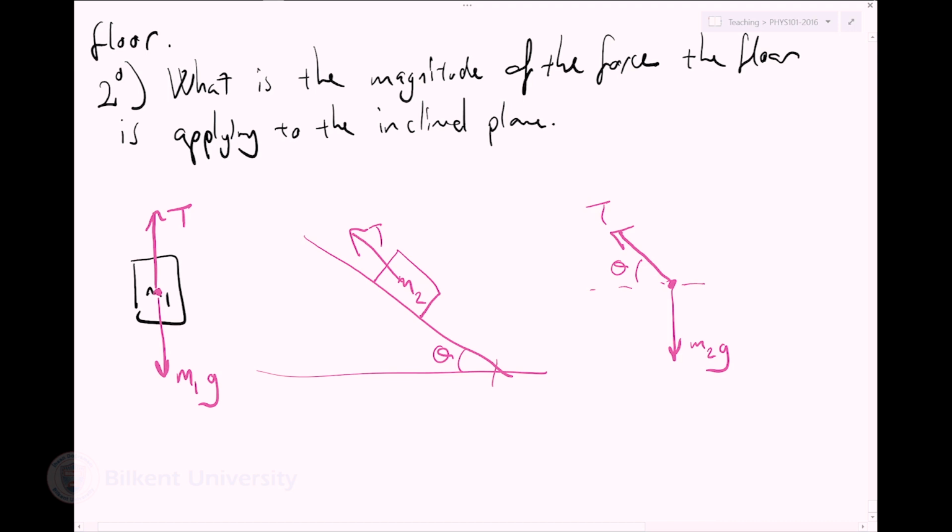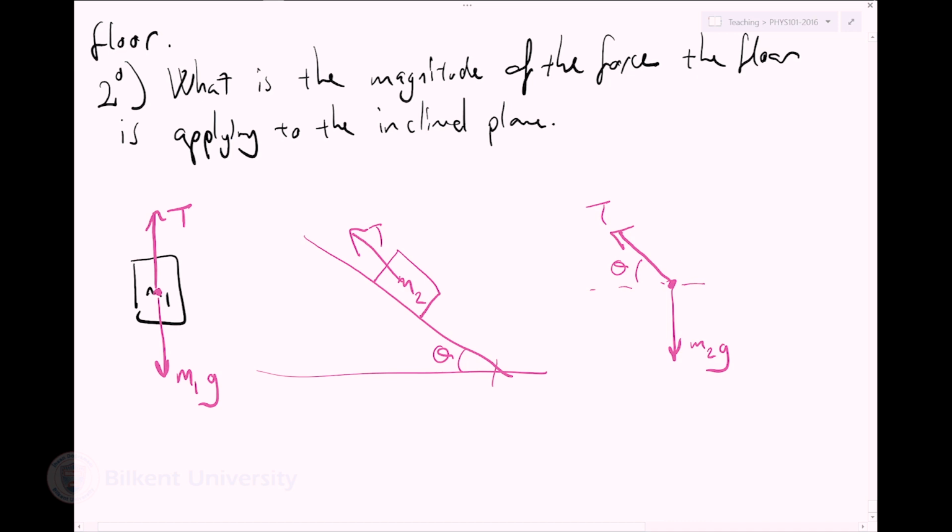How about the force that the inclined plane is applying to M2? It's called the normal force. What does normal mean? Normal means, of course, normal, but it also means perpendicular in the mathematics jargon, okay? So normal means it's the perpendicular force any surface applies to an object on itself, okay?